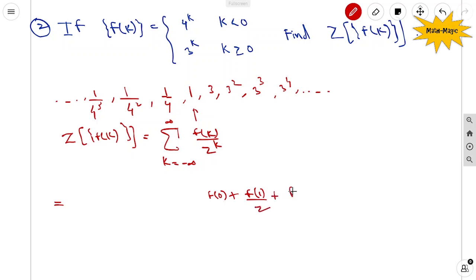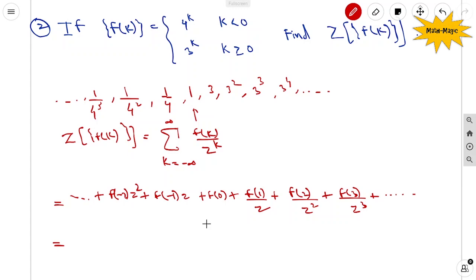For k equals to 2, we get f of 2 upon z square, plus for 3 we get f of 3 upon z cube, plus and so on. Then on this side we have f of minus 1 into z, plus f of minus 2 into z square, plus and so on.